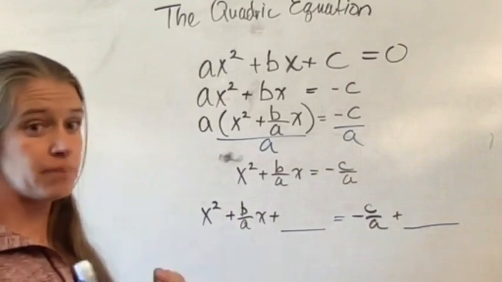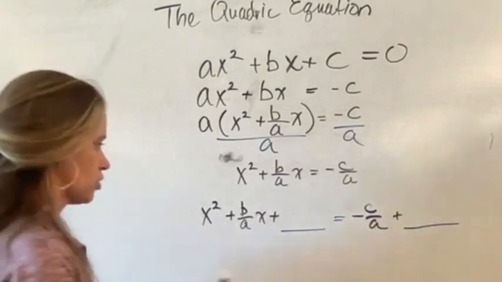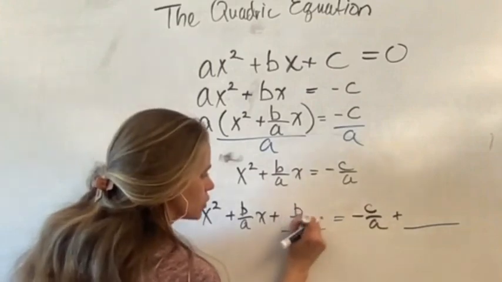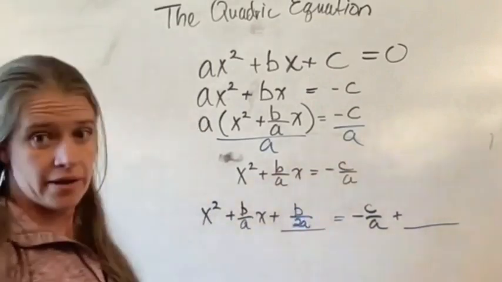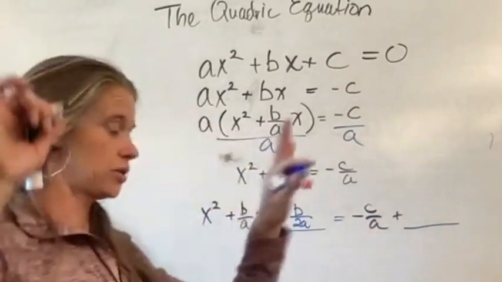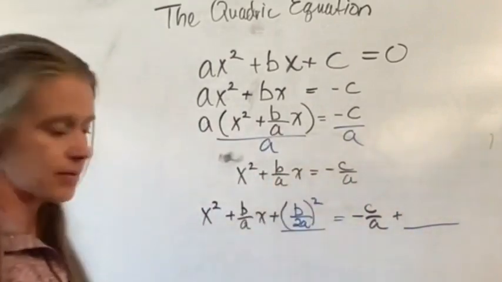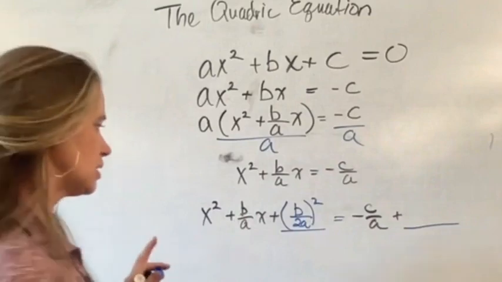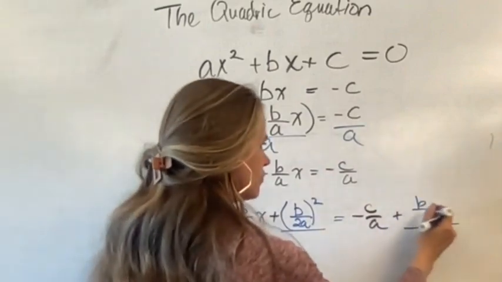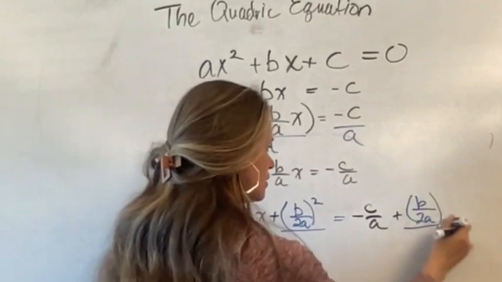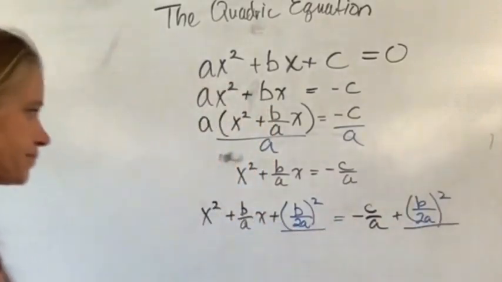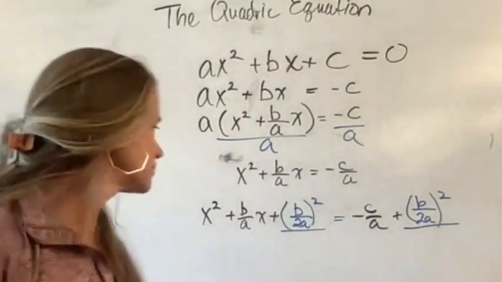So that would be b over 2a. So I'm going to add b over 2a, but I have to square it because that's the second term there. So I'm going to add this kind of crazy thing, but I'm allowed to because I'm going to add it over here. Okay, I did it. So everything's legal so far.